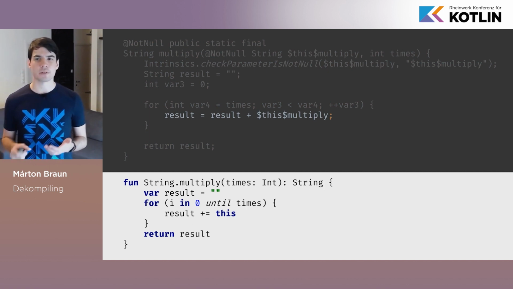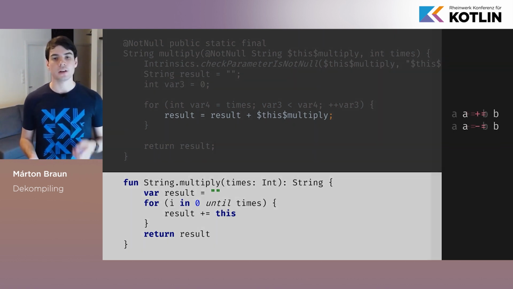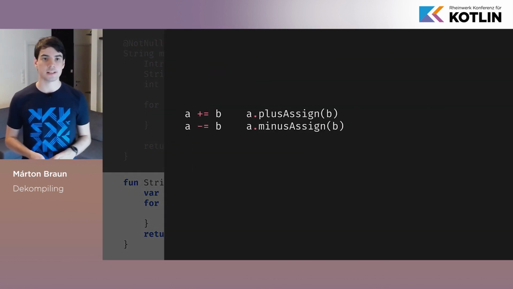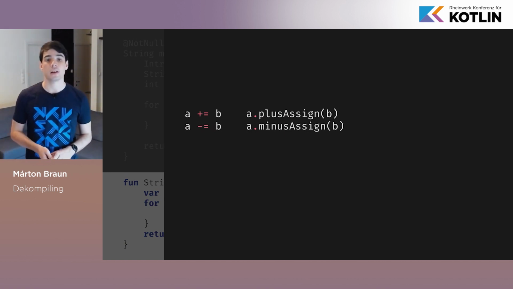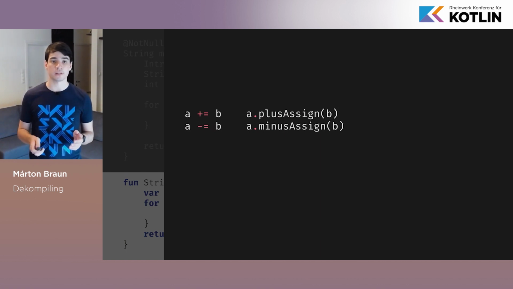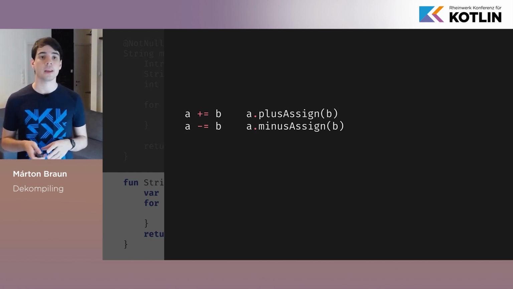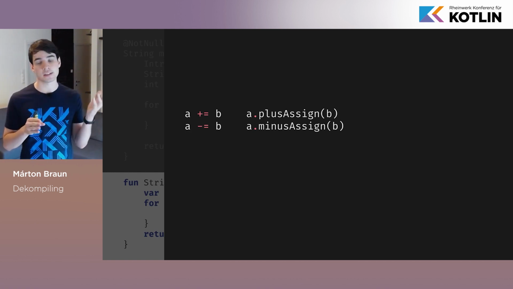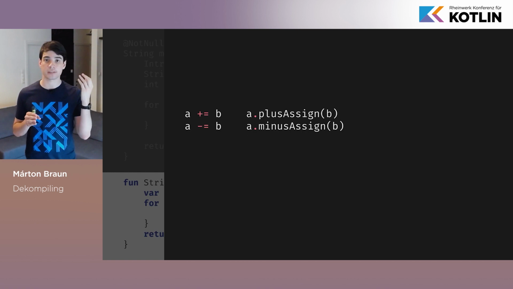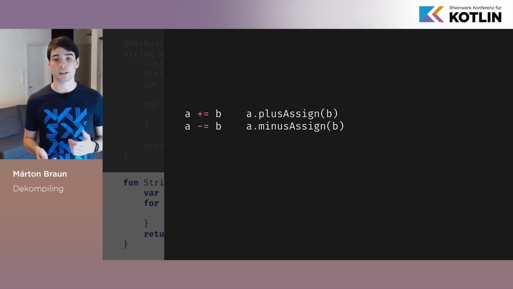But let's discuss how exactly Kotlin's operators are translated into function calls in the bytecode. So let's take a look at one of these compound assignment or augmented assignment operators. First, the compiler is going to look for a method with a corresponding name, for example, plus assign for the plus equals operator. And if it finds a method that it can call on whatever A is and accepts something that's of type B, then it's going to pick that method and place that function call into the bytecode.